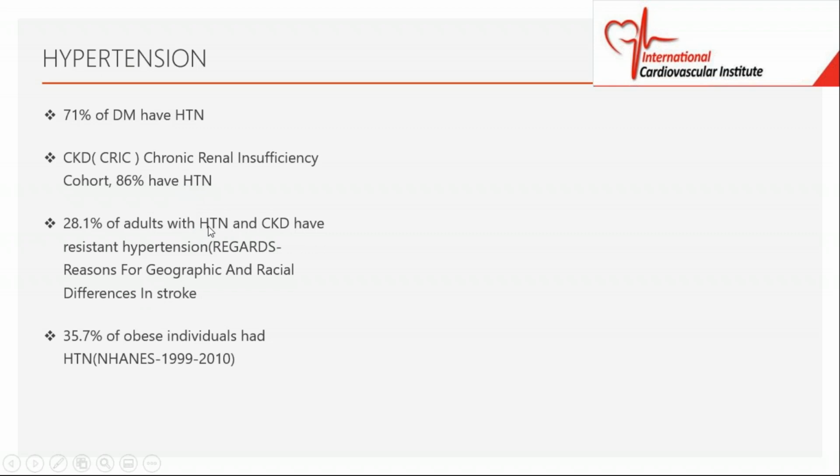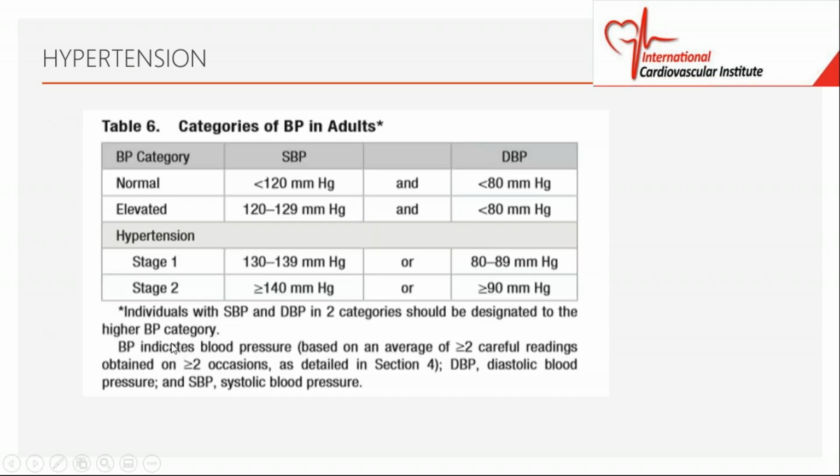And if you have a combination of chronic kidney disease and hypertension, 28.1% of those patients have what we call resistant hypertension. And we're going to go over the definition of resistant hypertension, how to treat these patients. What about obesity? 35.7% of patients who are obese have hypertension.